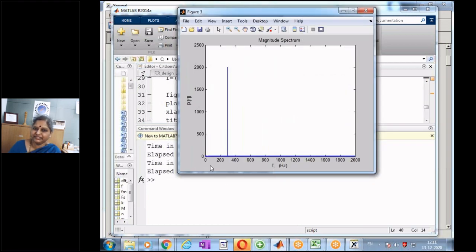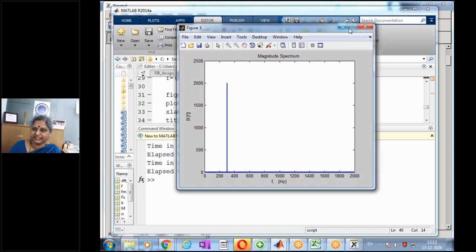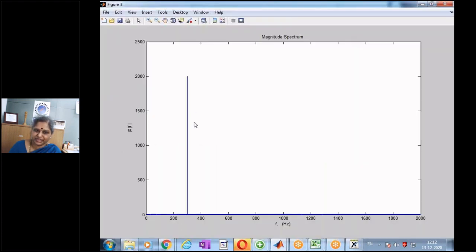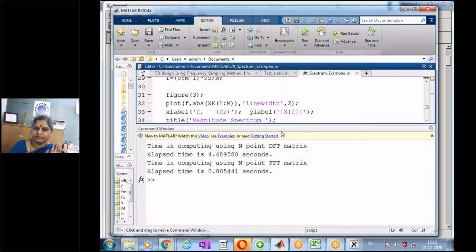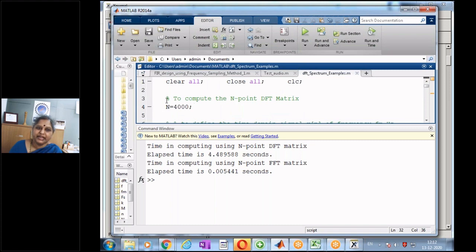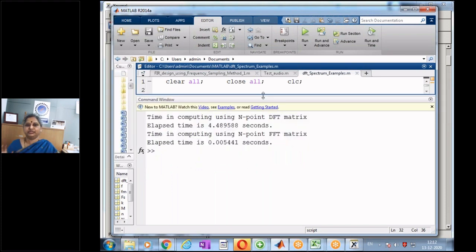Now I have taken a signal of frequency 300 hertz. If you look at the spectrum, we have a peak at 300. So from the spectrum, after computing the DFT, when I plot the spectrum, this is the result. And what's the n I have taken? I've taken an n of 4000, so I'm going to compute my DFT of 4000 cross 4000.